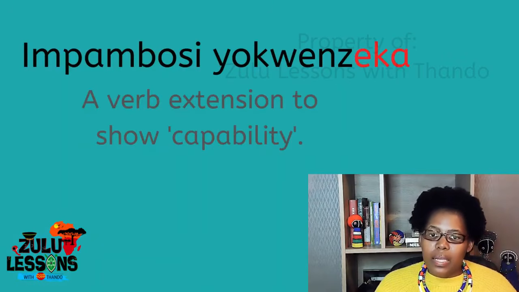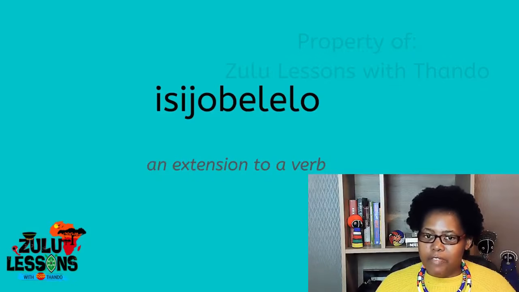Now we are using a different one this time. We are saying impambosi yokwenzeka. So look at those last three letters. That is the suffix we are going to add to our verb. So this suffix, remember, we call it isijobelelo. And we are going to then add it at the end of our verb.